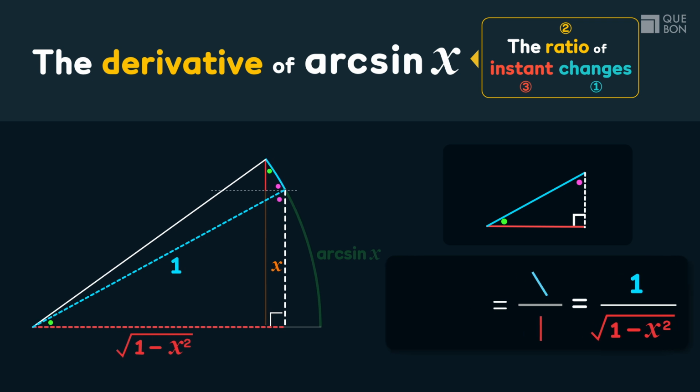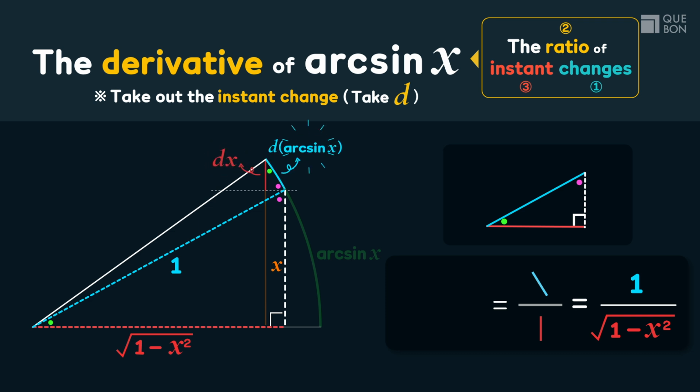In mathematical language, taking out the instant change means taking d. So, here we have dx and d arcsine x. The derivative literally asks how many times d arcsine x is compared to dx. With this one image, we've found the derivative of arcsine x, something that many people think is impossible.